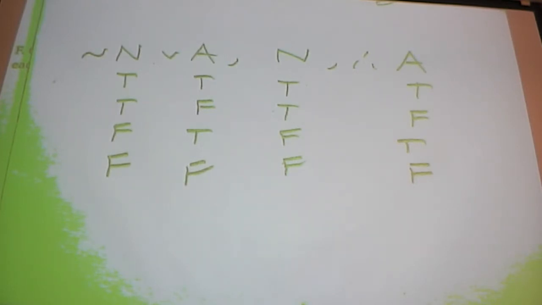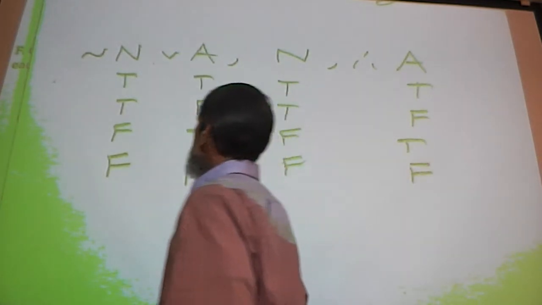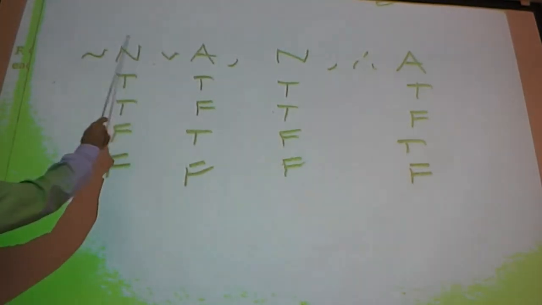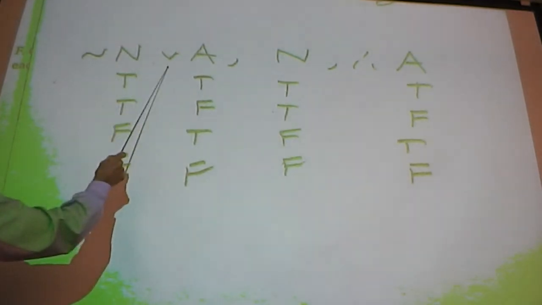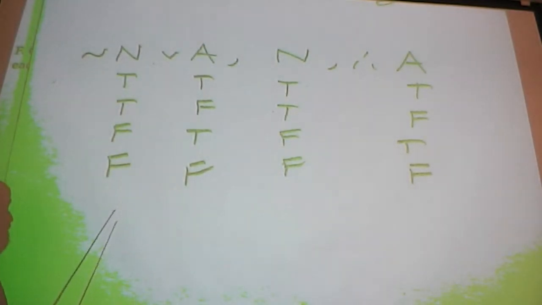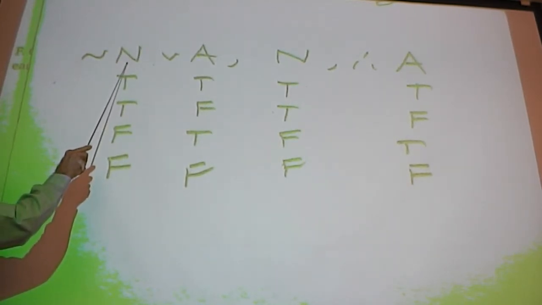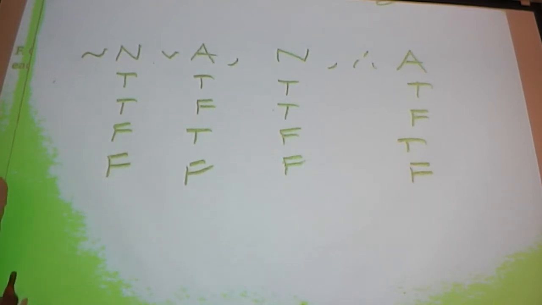Now you need to complete the columns for all symbols in the first premise before moving on to the second premise. So here's our first premise right here. We have 2 symbols that need columns of truth values. Now, in this procedure, you're starting with the simplest components, and then you're moving to the next most complex symbol.